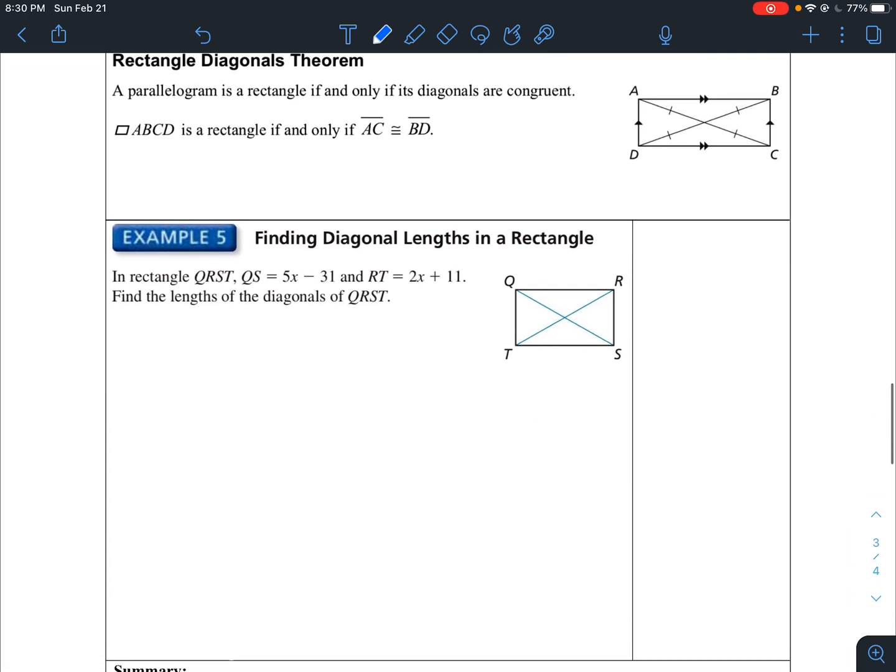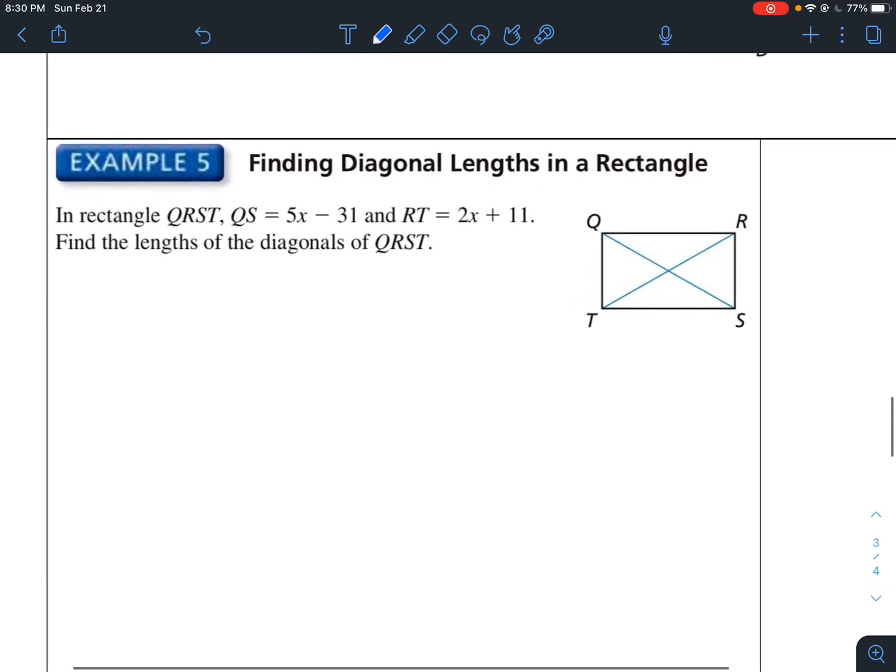So in example 5, it says in rectangle QRST, QS, so this one right here, is equal to 5x minus 31, and RT is equal to 2x plus 11.